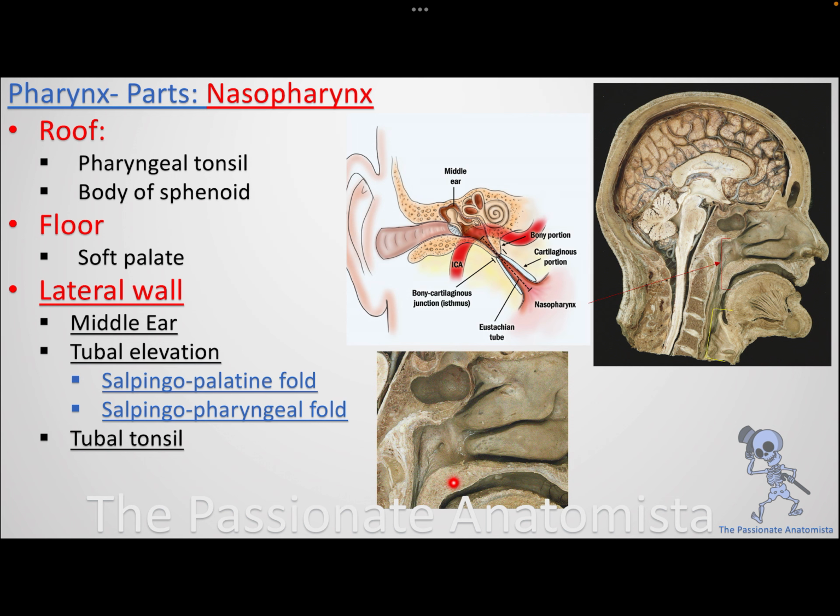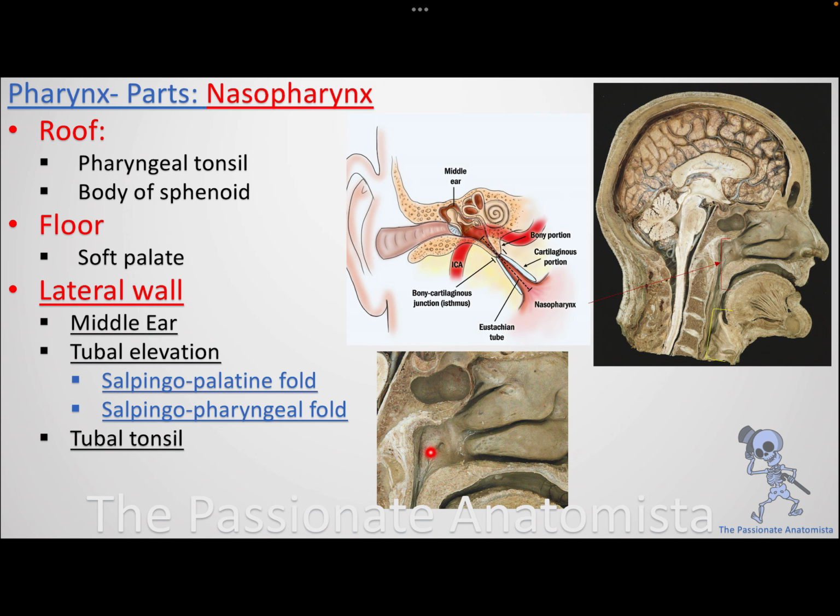So if that is your nasopharynx, this is what communicates. This is the opening. It's basically closed at this point. It is communicating with the middle ear cavity by the auditory tube. So once we say nasopharynx lateral wall, remember stuff related to your ear.